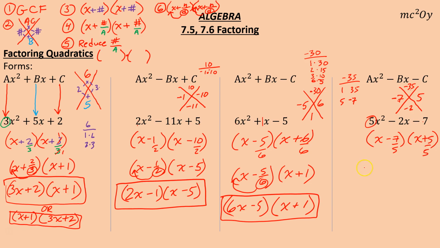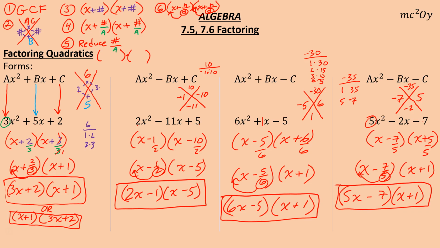Divide by 5. I have x minus 7/5 and x plus 1. 5/5 reduced to 1. I move this out in front. 5x minus 7 and x plus 1. There we got it.